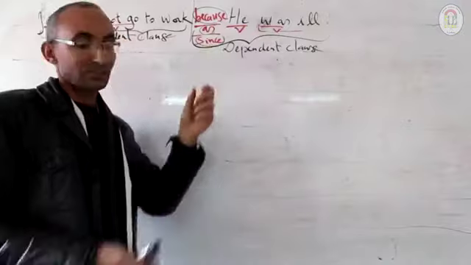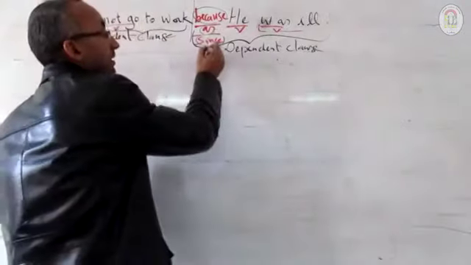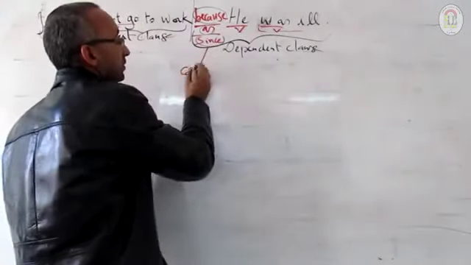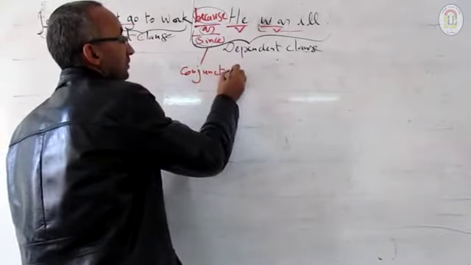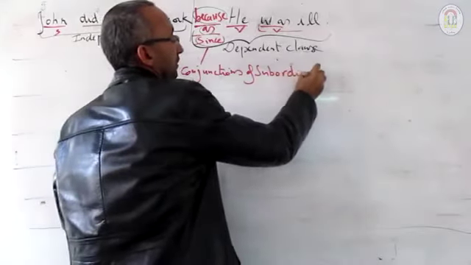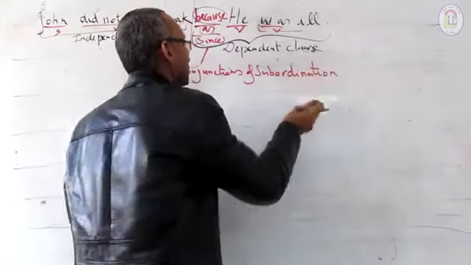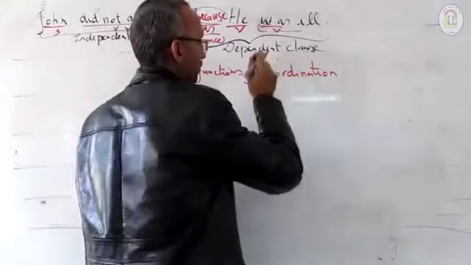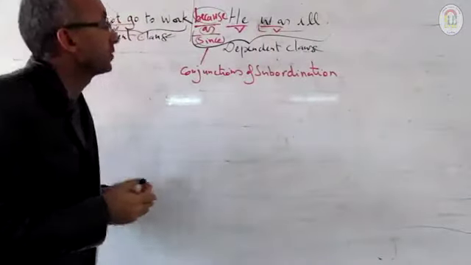Conjunctions of subordination. These are called conjunctions of subordination or subordinating conjunctions. Good.